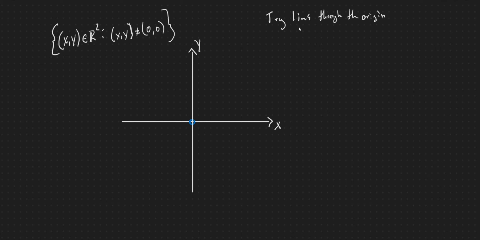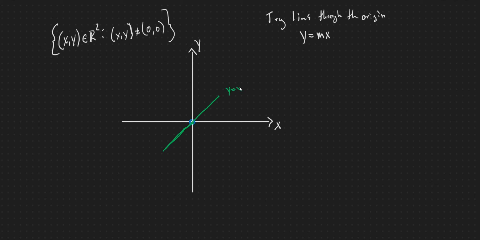So those look like y equals mx plus our y-intercept. But since we want this to go through the origin, the y-intercept would be 0. So it's lines that look like y equals mx. For various values of m, we can consider a line through there. So that's the idea. We'll consider, for example, the line y equals x.